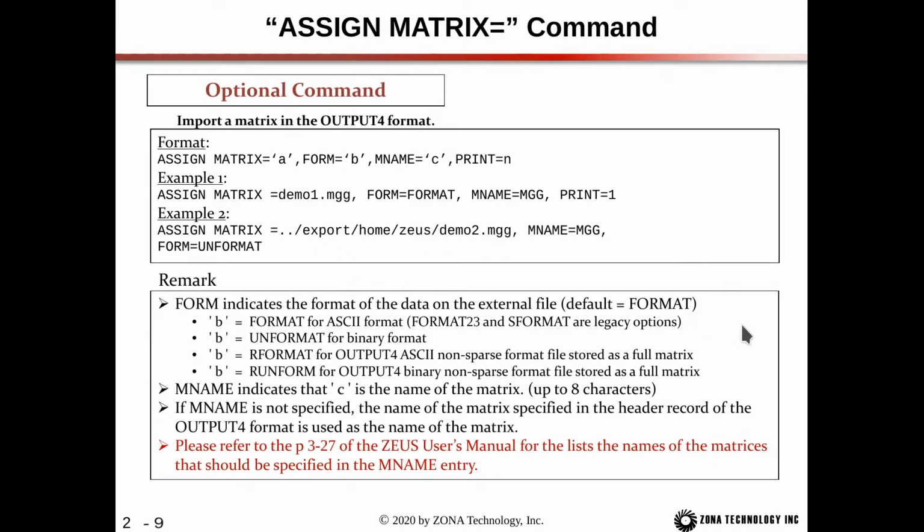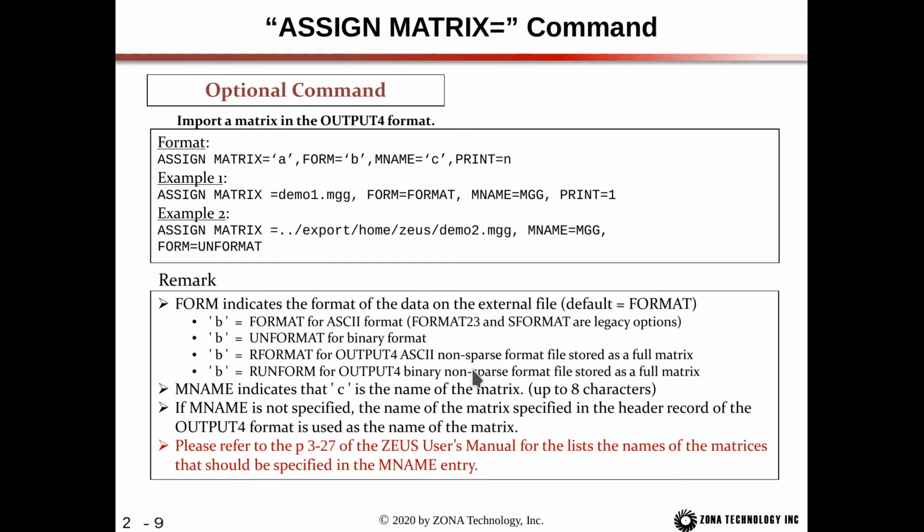So the form indicates the format of the data on the external file. So format is for the ASCII format, unformat is for the binary format, and then R format is the ASCII non-sparse format, and the R unform is for the binary non-sparse format.